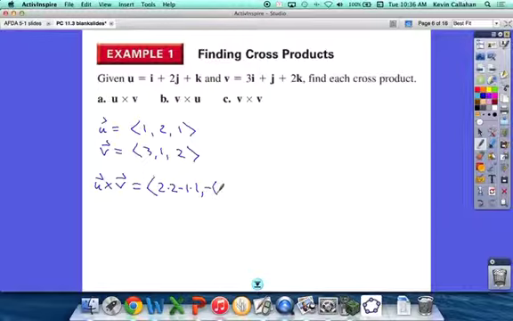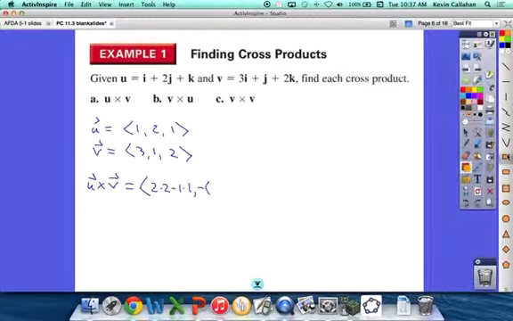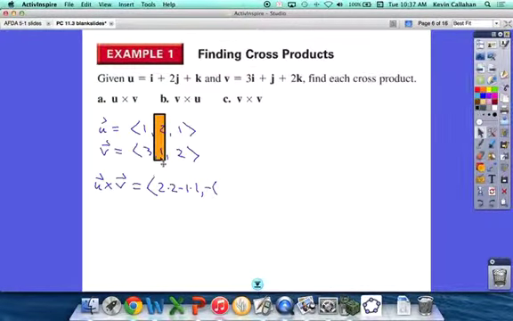Okay, for the second component, cover up the 2 and the 1 in the middle. Yeah, you cover those up. And now do the 1 times 2 minus 3 times 1.